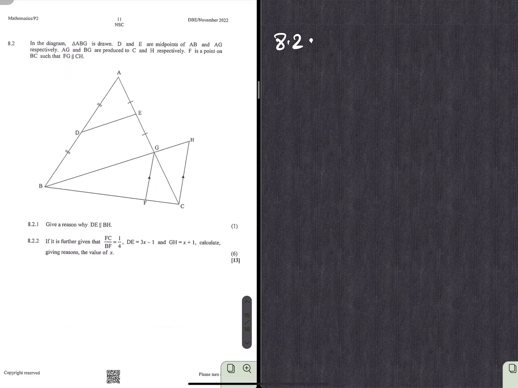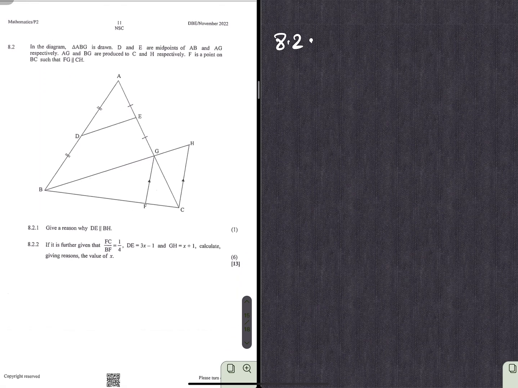They are saying that in the diagram, this diagram here, triangle ABG, let me mark it, this triangle here, is drawn.